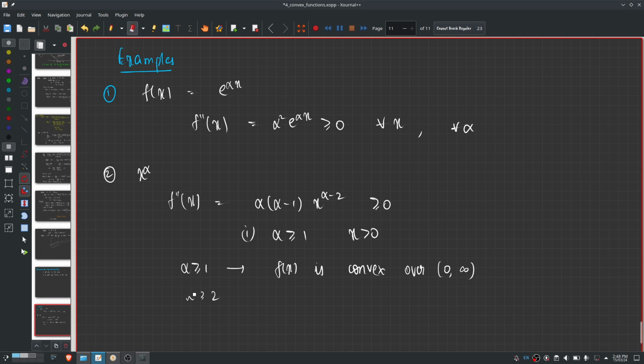So for what values of alpha, suppose x is less than 0, is f going to be convex, and for what values of alpha is f going to be concave? Yeah. So alpha even, again this is alpha even and alpha greater than 0, right?